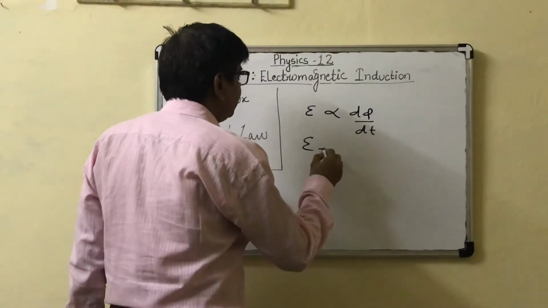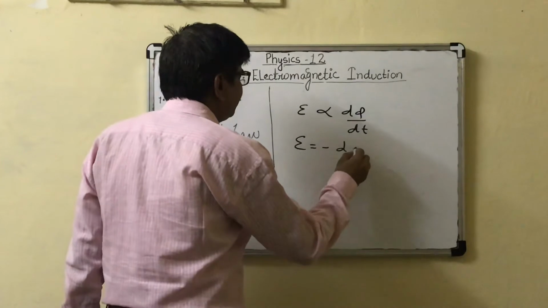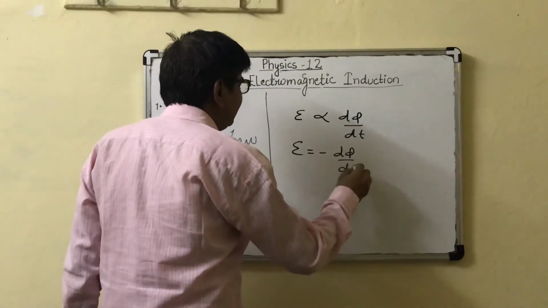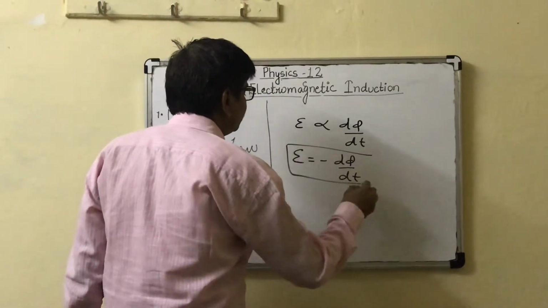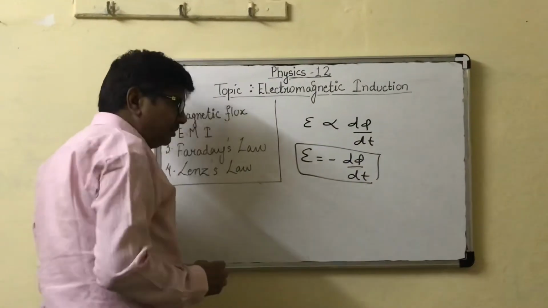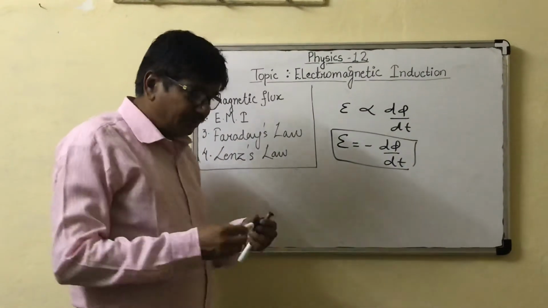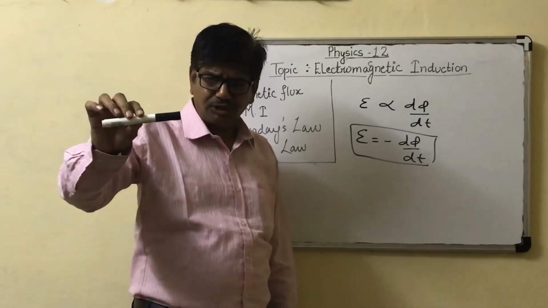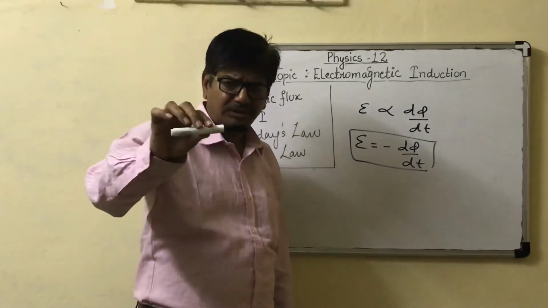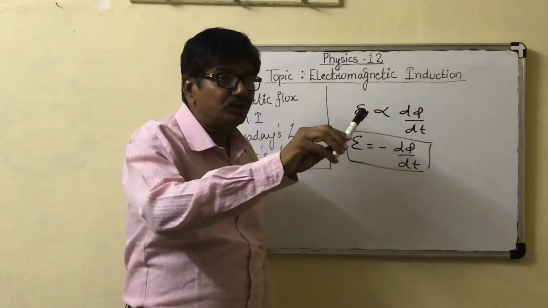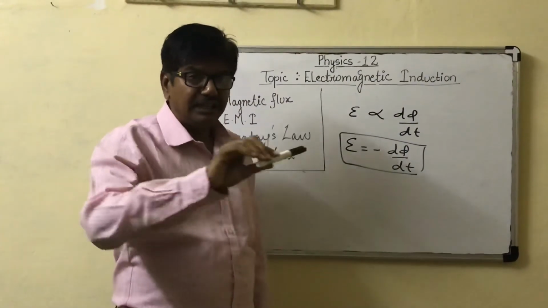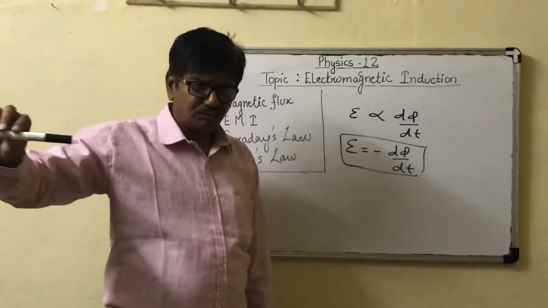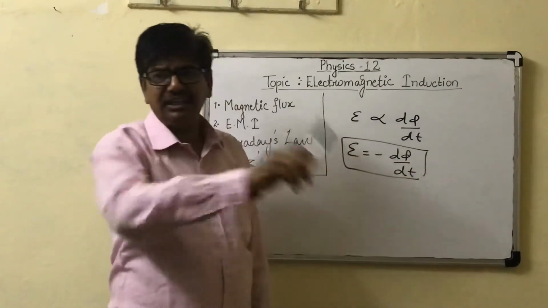So E is equal to minus d phi by dt. The minus sign indicates Lenz's law. Suppose this is a bar magnet. If the bar magnet moves slowly towards the coil, the galvanometer also gives deflection slowly. And if the bar magnet moves fast towards the coil, the galvanometer suddenly deflects.